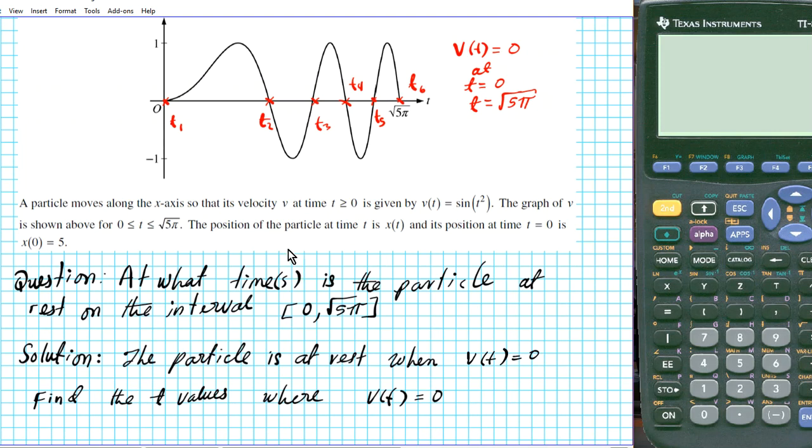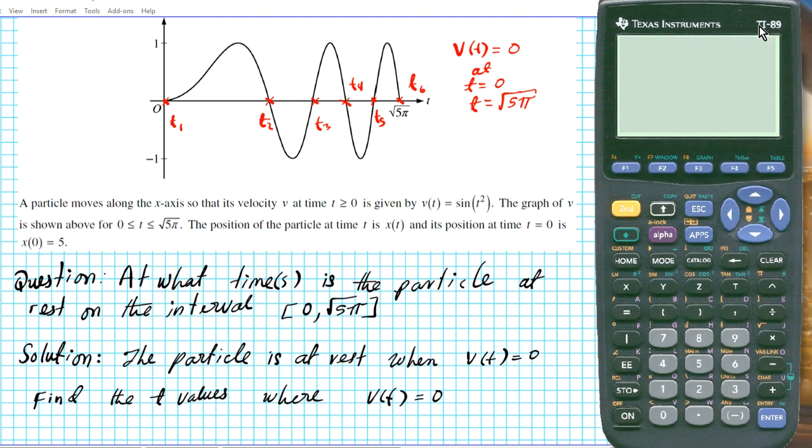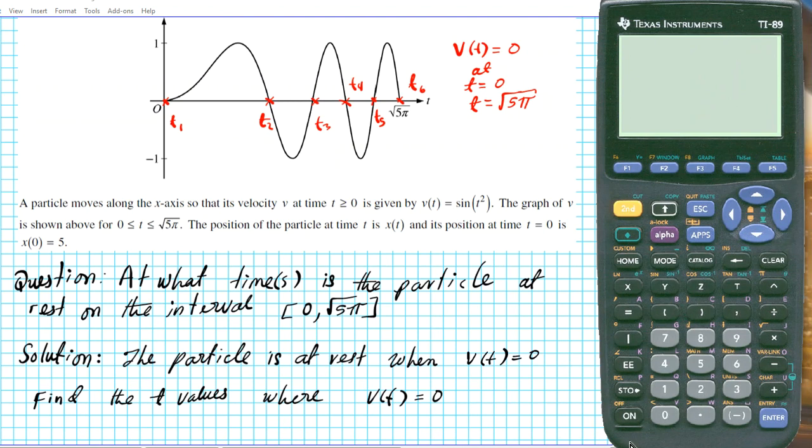Okay? Alright, so we're going to be doing this making use of our TI89 calculators and also the TI84. Now, the procedure I'm going to use here, this is the TI89, is also applicable to the TI89 titanium. It's exactly the same syntax.